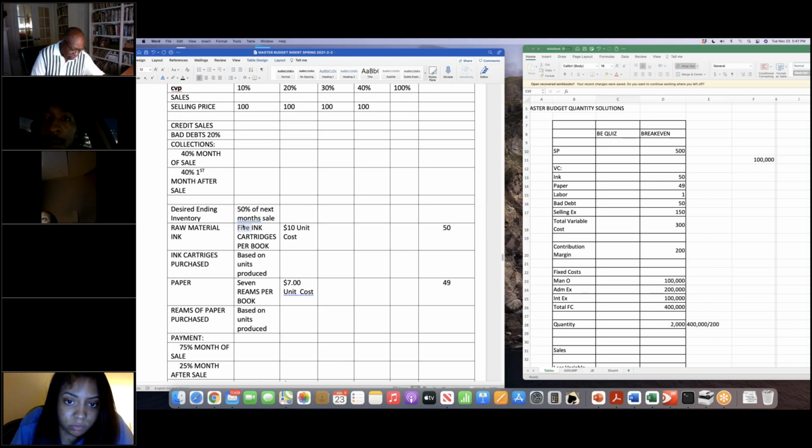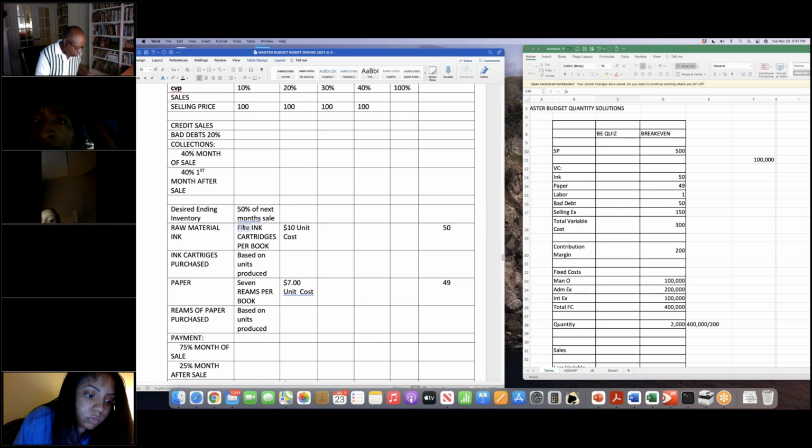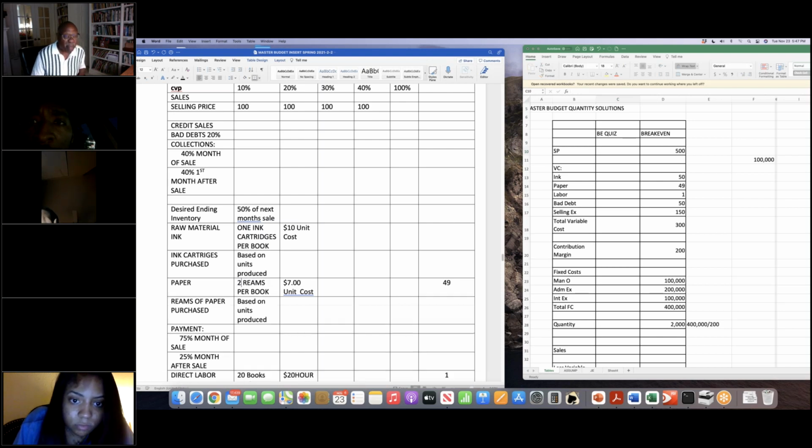Let's assume it takes 1 ink cartridge. And it takes 2 reams of paper.